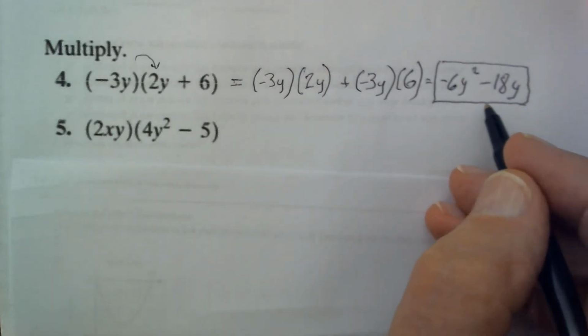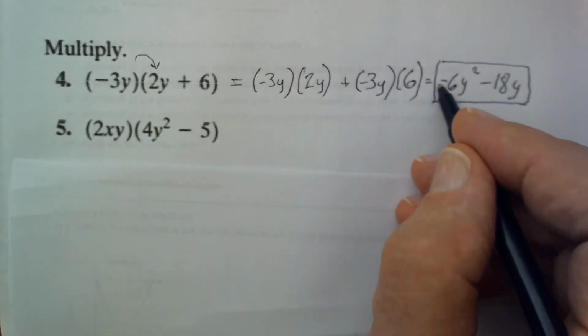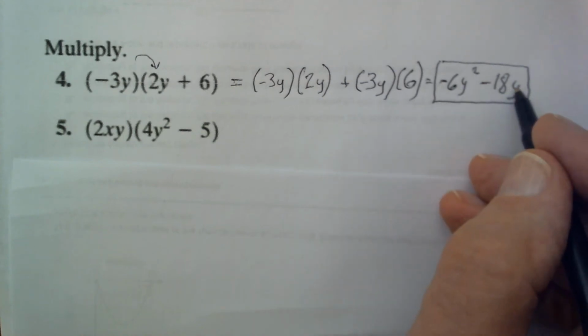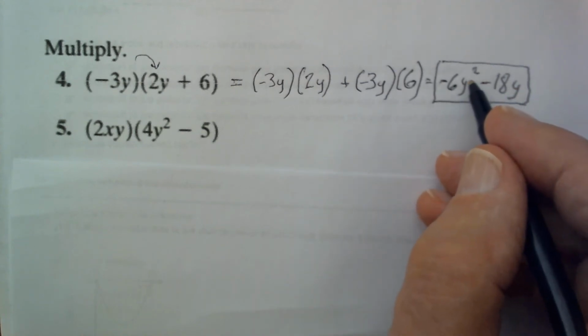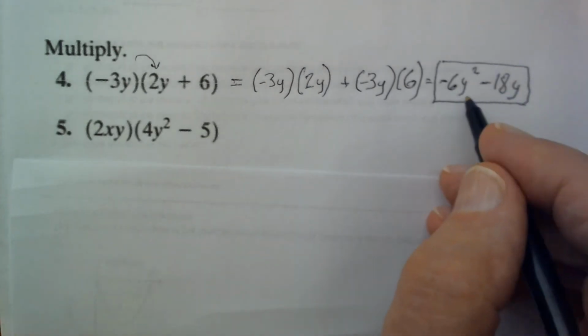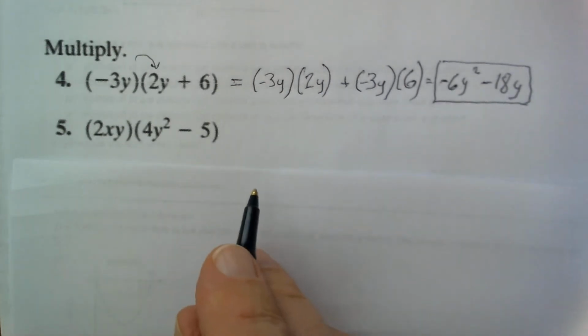Now sometimes people want to combine these two terms, but obviously they cannot be combined because even though they have the same variables, the variables are raised to different powers. So this y is raised to the second power, there's only y to the first power, so in other words we cannot combine these two terms.